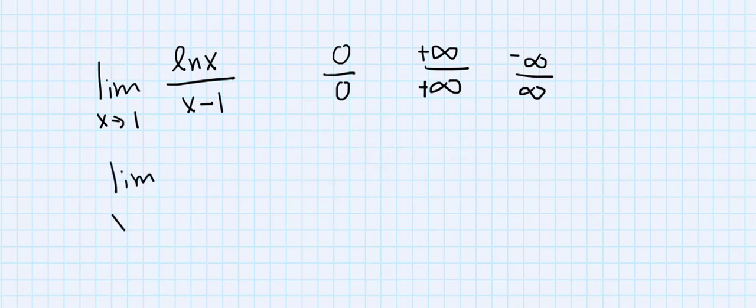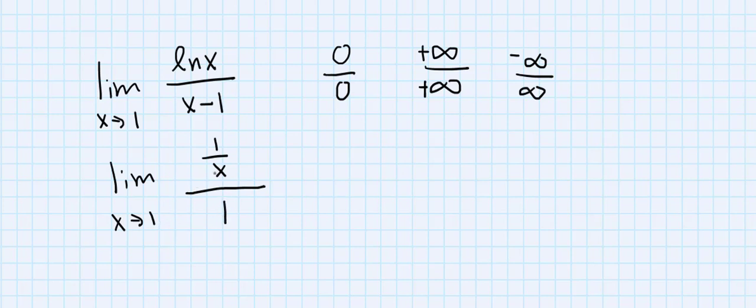Limit as x approaches 1. You take the derivative of the numerator and the derivative of the denominator separately. So what is the derivative of natural log of x? It's 1 over x. And what is the derivative of x minus 1? It's 1.